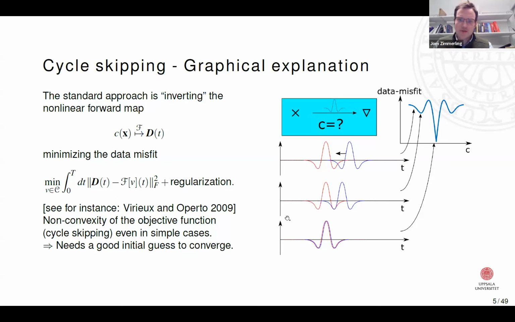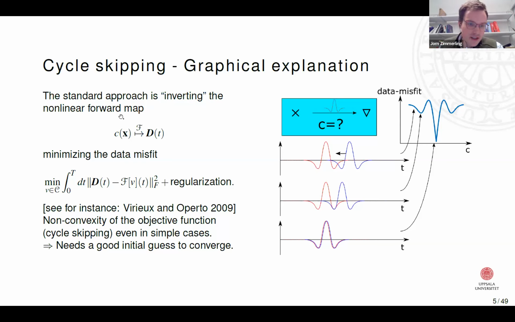Here I drew a comic to show what cycle skipping is in its easiest form. Let's say we have a source that is marked with an X and a receiver that's marked with a triangle, and we want to estimate what the velocity, the constant speed of propagation between these 2 points, is.